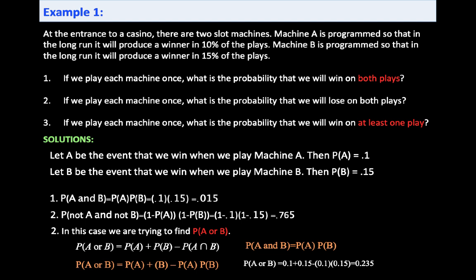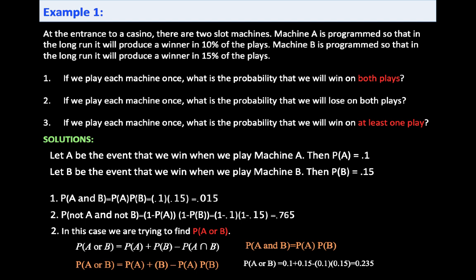Similarly, understand probability of A complement and B complement. Please write down on the paper: probability of A complement and B complement equals probability of A complement times probability of B complement.